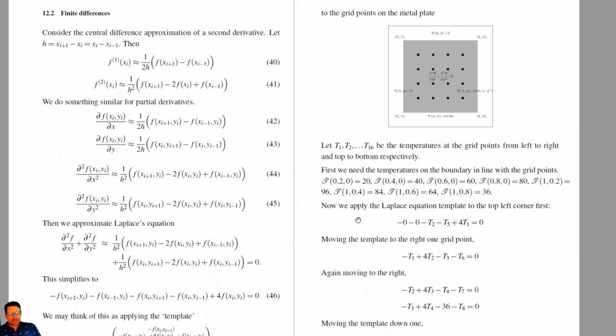Alright, so let's have a look at what we do to solve this problem. So finite differences are a tool that we use to satisfy both Laplace's equation and the boundary conditions. Now what are they? What we do is we simply approximate each of our partial derivatives using what looks like the definition you would have first learned for the first derivative.